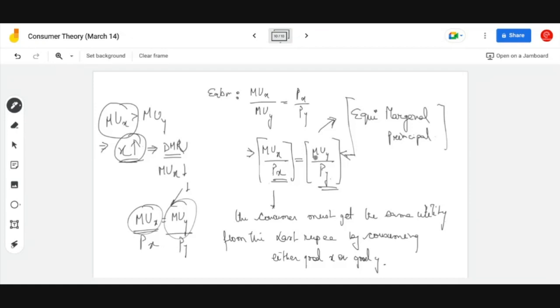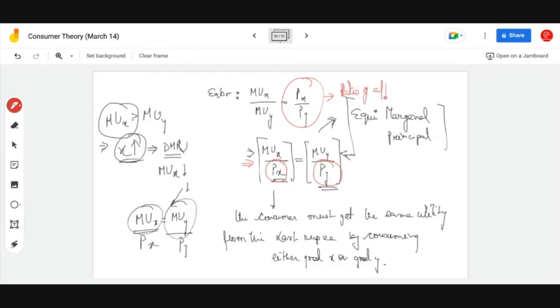See, the important point to understand over here is that we are introducing the concept of prices also. So this gives you not just the ratio of price or the utility, but the combination of both price and utility, marginal utility. Is it clear? This talks about the ratio of affordability.